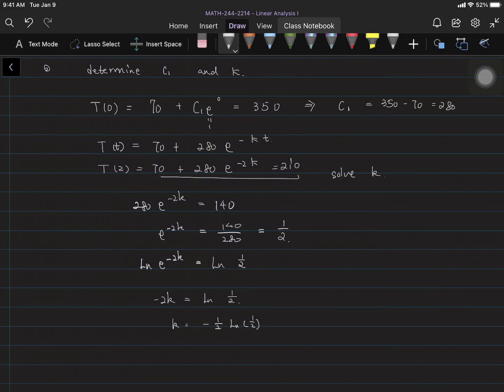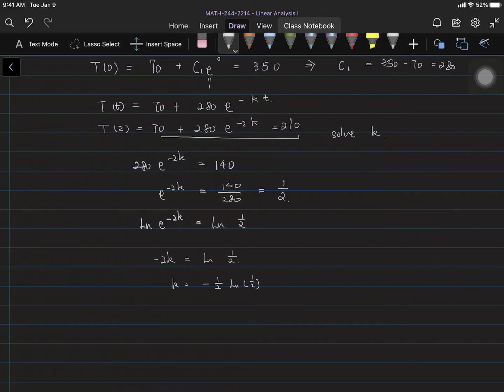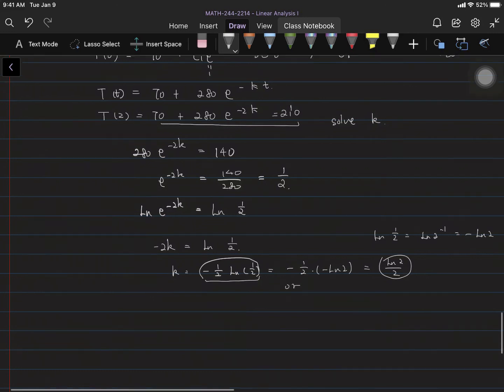You can definitely leave the answer like this. I'm going to change this a little bit: natural log of 2 to the negative 1 power is negative natural log 2. So k is natural log 2 over 2. So I just simplified my k. But if you don't want to simplify, you can leave this answer, that's also fine. Both are good.